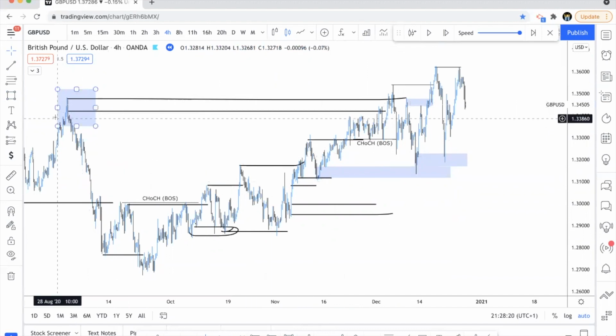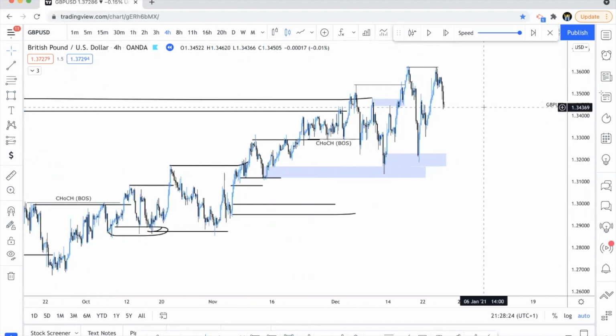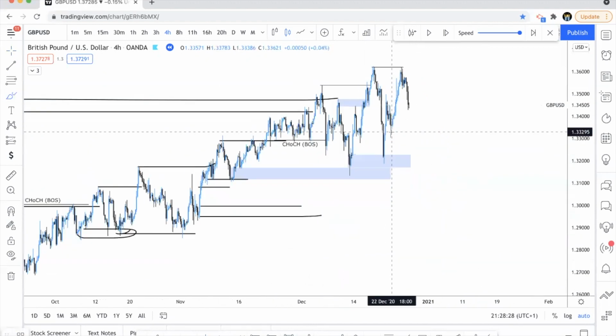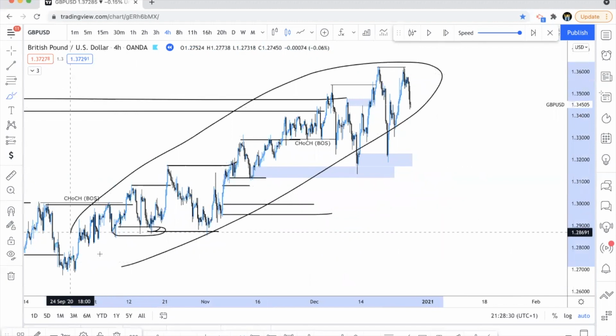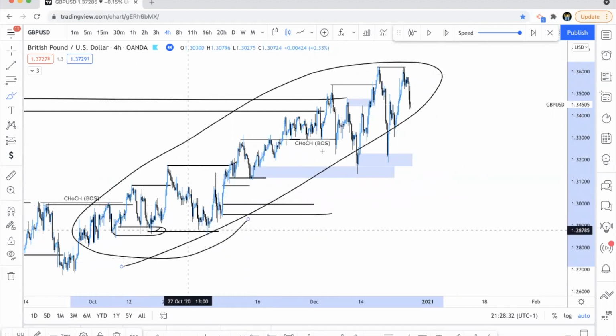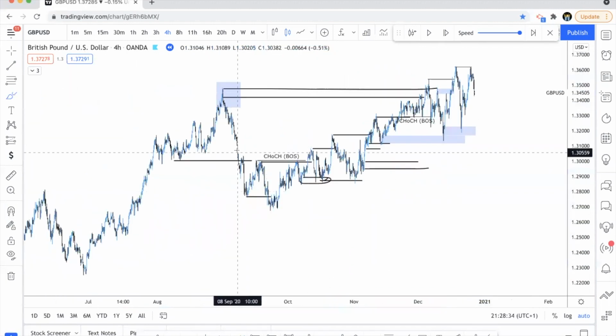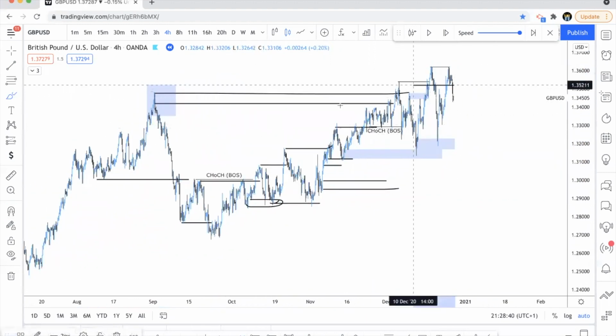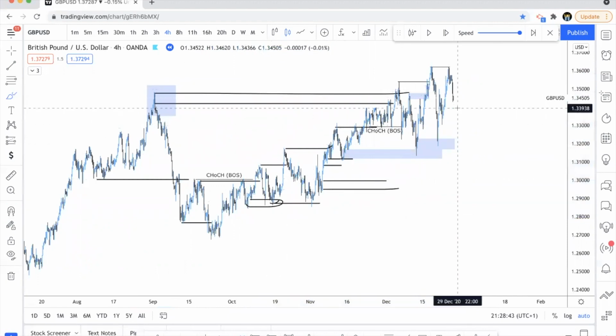So now we know this swing high structure was broken. Therefore, there's a huge potential that the market should push even higher now. We're going to consider this as a swing structure now, because this swing structure went down and it was broken and violated by this swing structure. Therefore, this swing structure is in charge now.